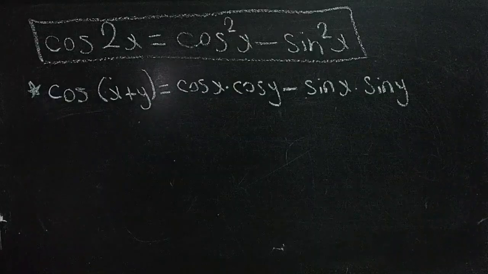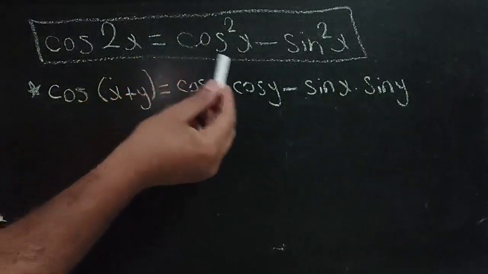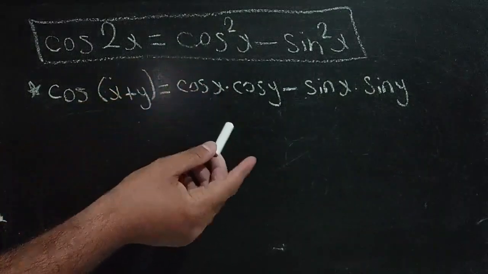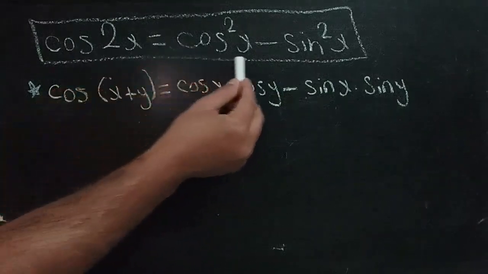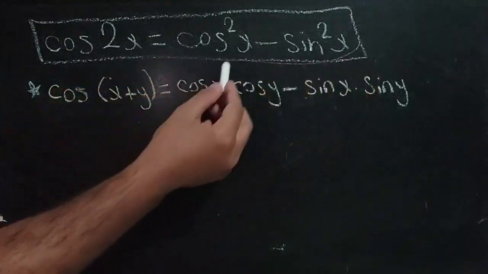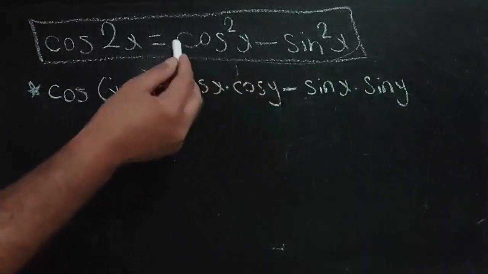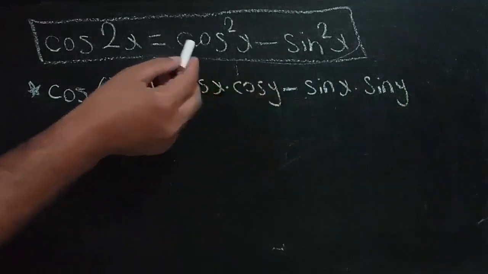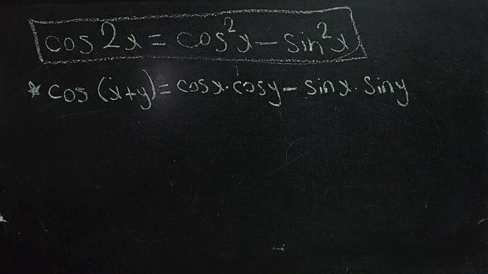Okay, so cosinus 2x equals to cosinus x square minus sinus x square. So if you remember, I gave you for this one 3 different expressions. One of them was this, the other one was 1 minus 2 times sinus x square, and the other one 2 times cosinus x square minus 1.